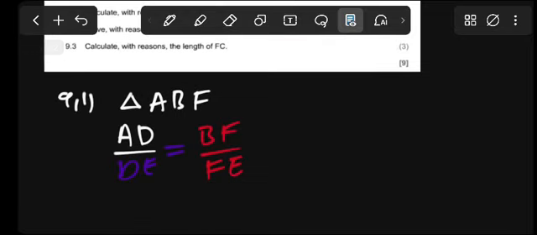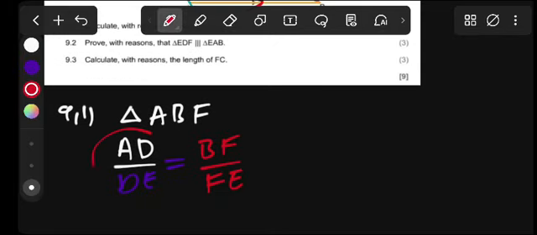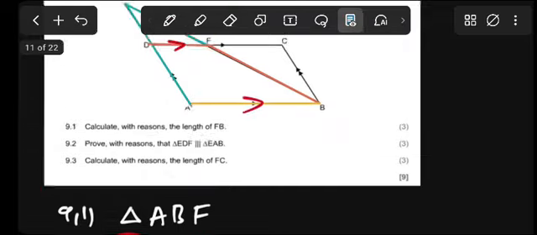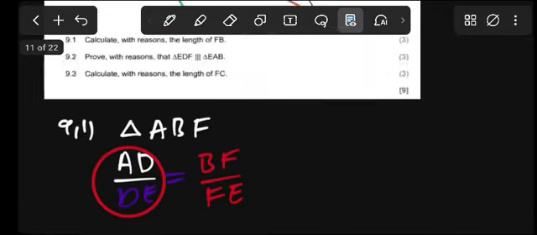Why do we do this? It's because we are given this as a ratio. From where? From the statement here, we're given 4 is to 3, simply a ratio.